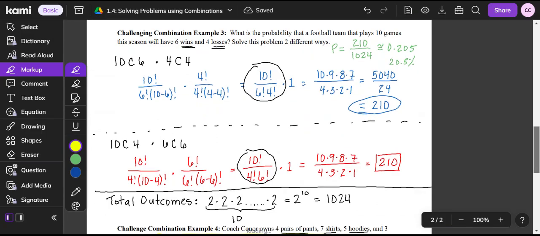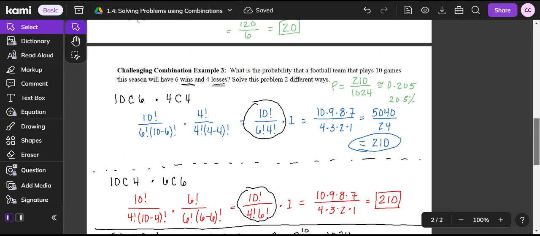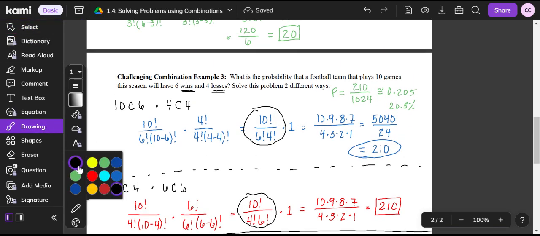Okay, when we look at problem 3, what is the probability that a football team that plays 10 games this season will have 6 wins and 4 losses? Solve this problem 2 different ways. Now, I said competitions in sports are normally permutations, but notice for this one, it does not say that I have to win the first 3 games or that I have to lose the sixth, seventh, and eighth game. It does not tell me the specifics of the wins and losses.